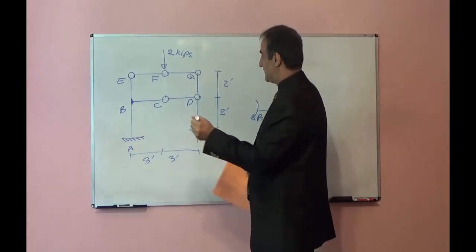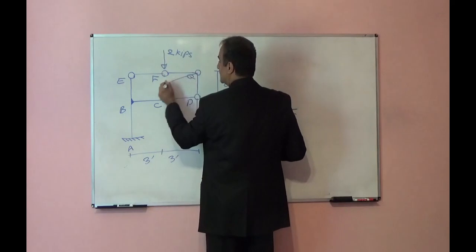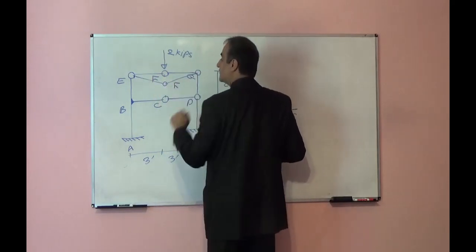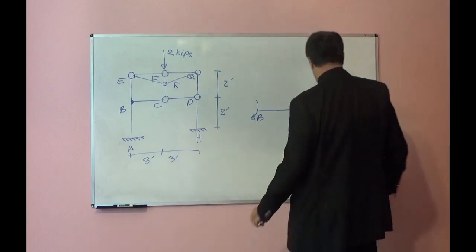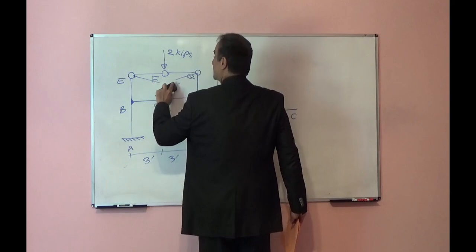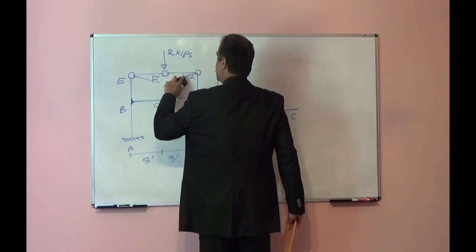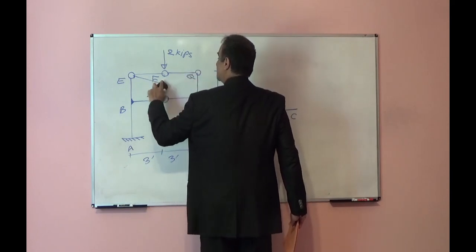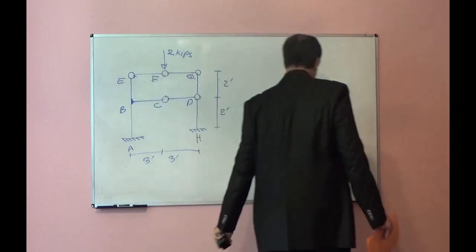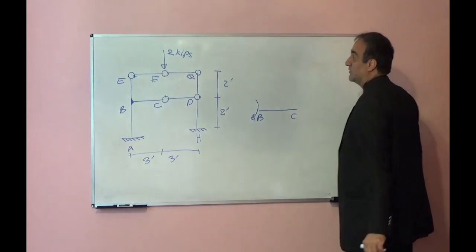So if we apply force here, this will deform like this. Point F will move down. So the contribution of parts EF and FG from this load of 2 kips is 0.